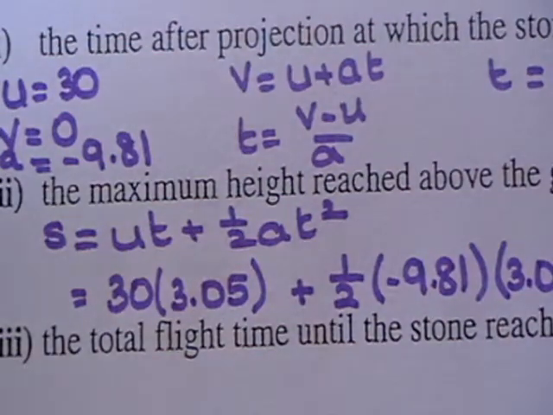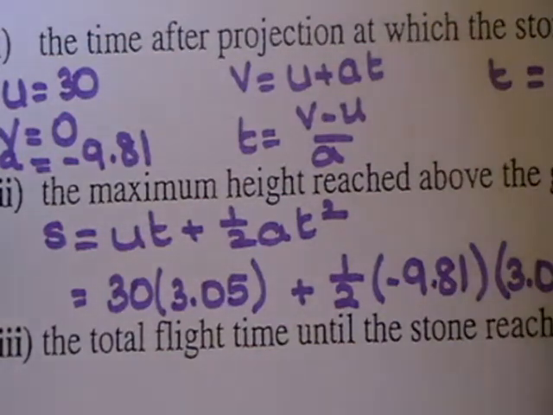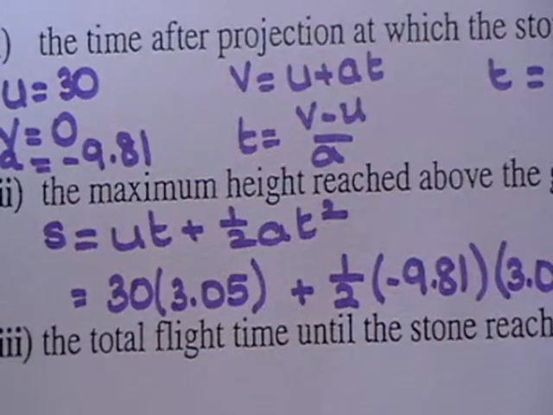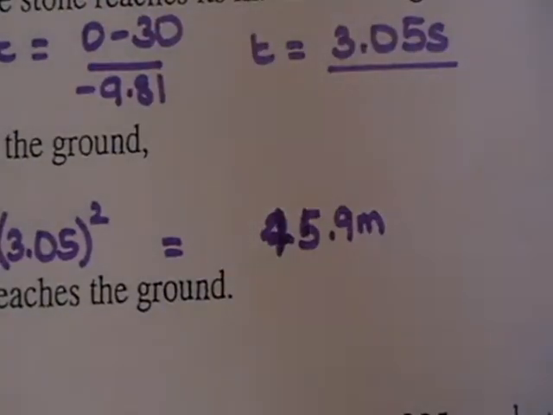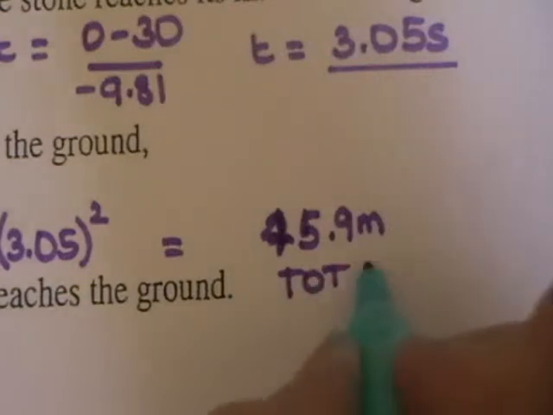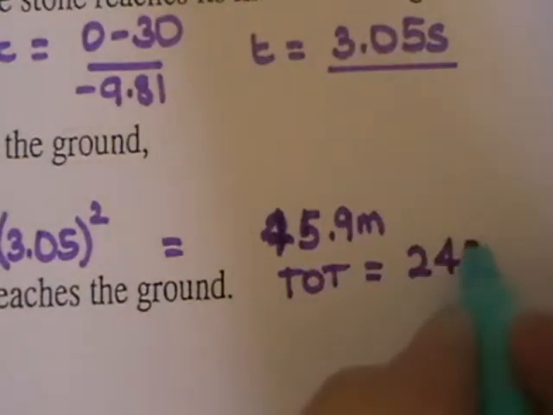When you do that calculation, S comes out to be 45.9 metres. But it asks for the maximum height, and it's already been projected from a tower 200 metres high. So our total is 245.9 metres, and that's your answer there.